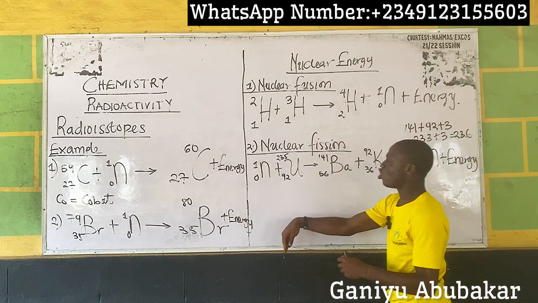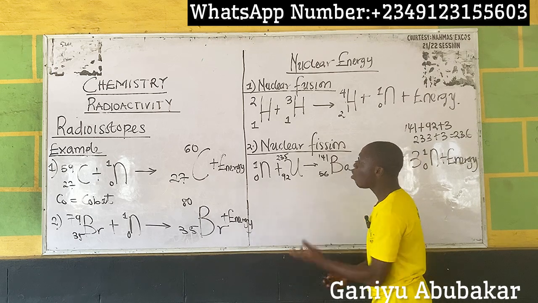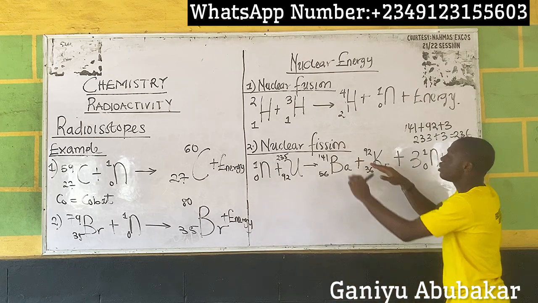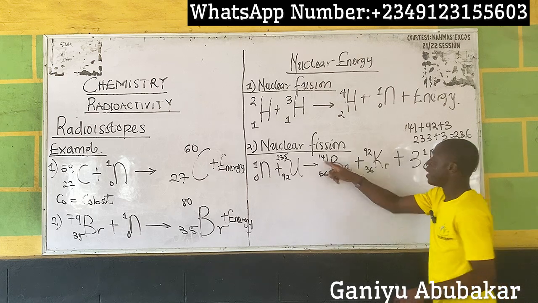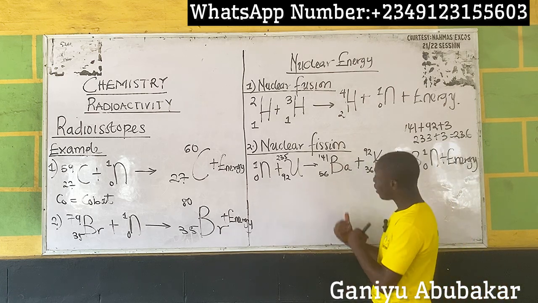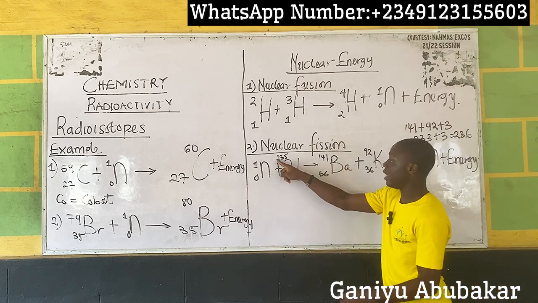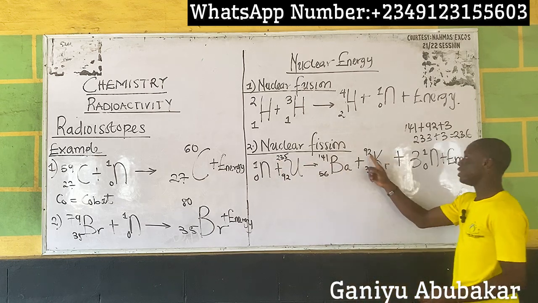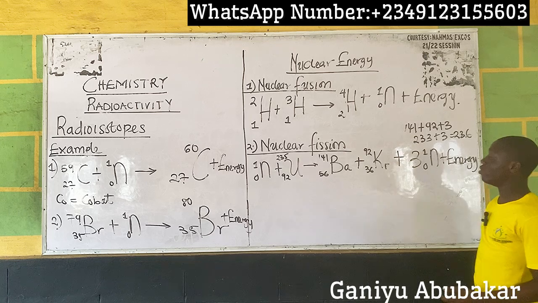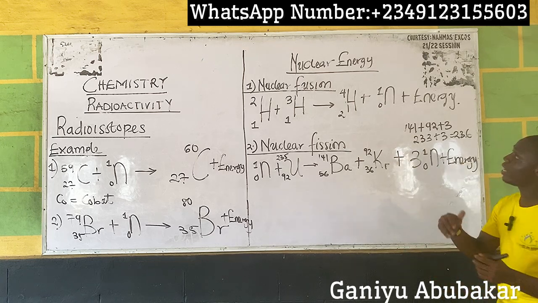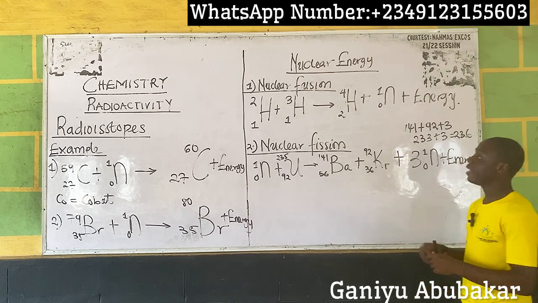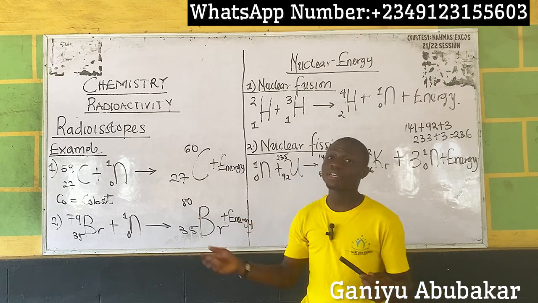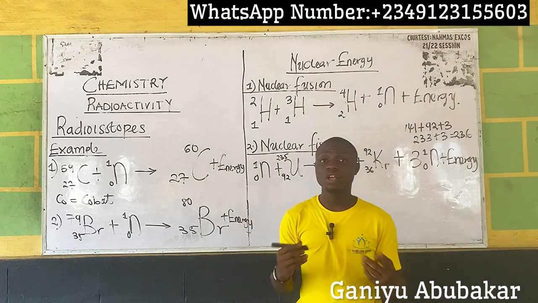For nuclear fission, you tend to have higher values at the reactant side, while the product side has smaller values. 235 is bigger than 141, 92, and 1. So this is how to identify nuclear fusion and nuclear fission. Let's see some past questions under this and explain what it means, and then we're off with the class.